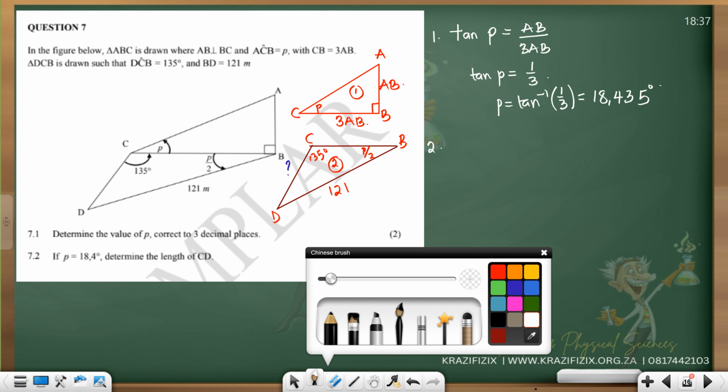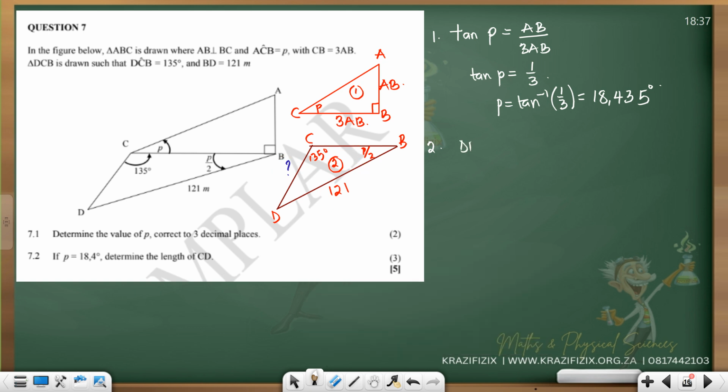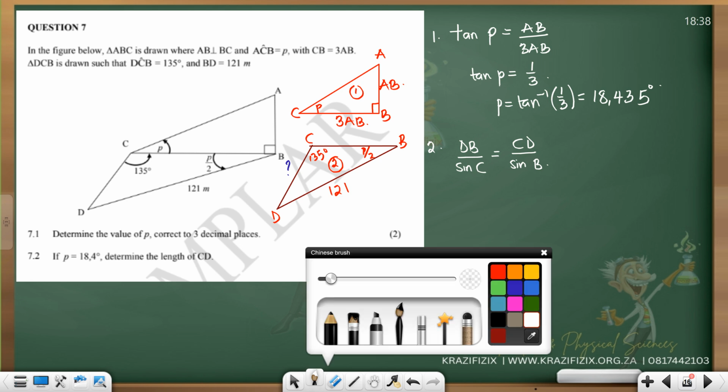So we say, I'm going to write the whole thing. DB over sine C, so that we can follow, equals what? CD. And what's the angle opposite there? Sine B. So it's the side and the opposite angle.